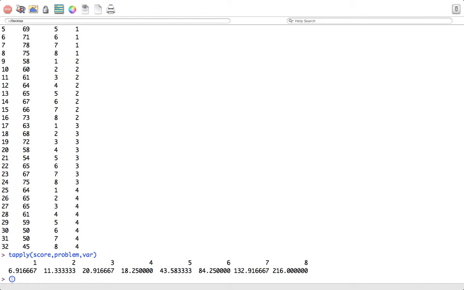So what I would do is go 6.92 times, so the first problem had 4 observers, and so that would be minus 3. This is going to get really old. Type fast. 20.92.